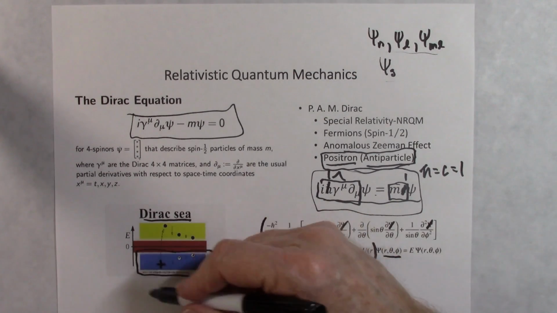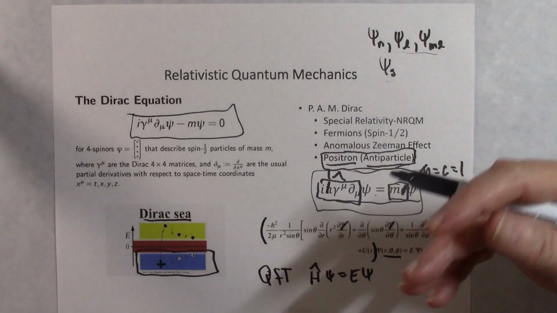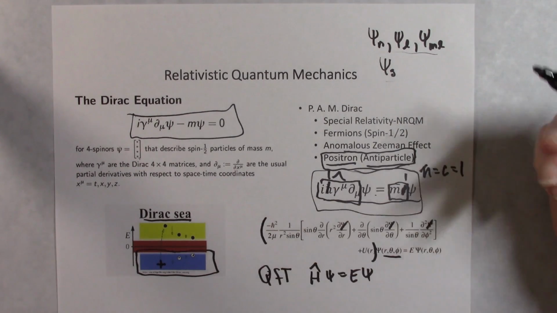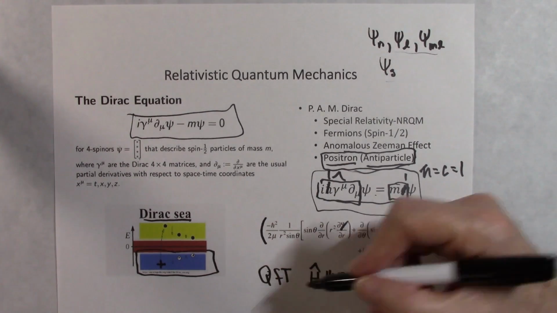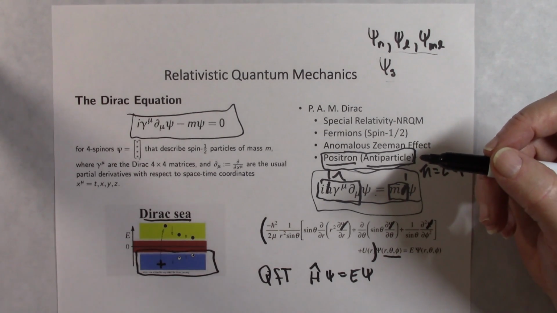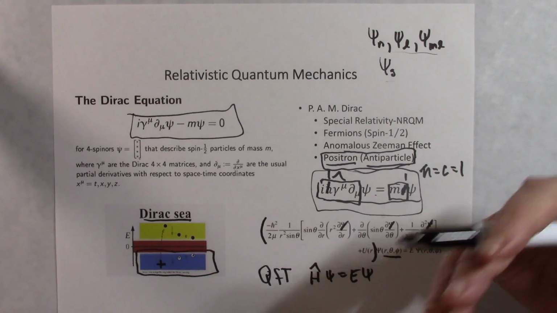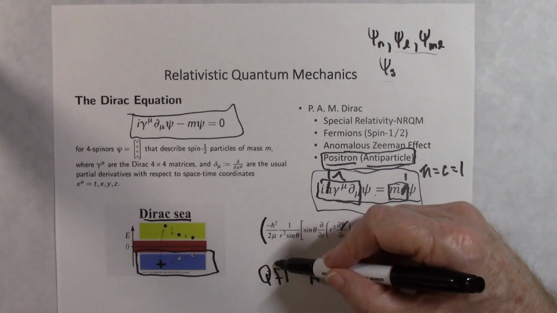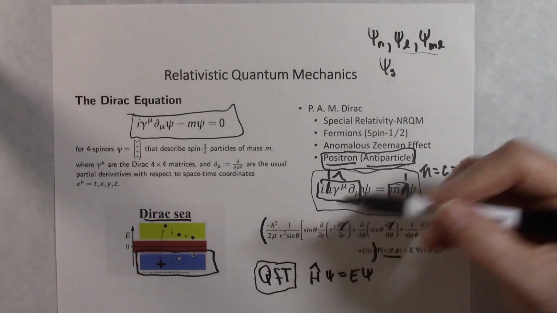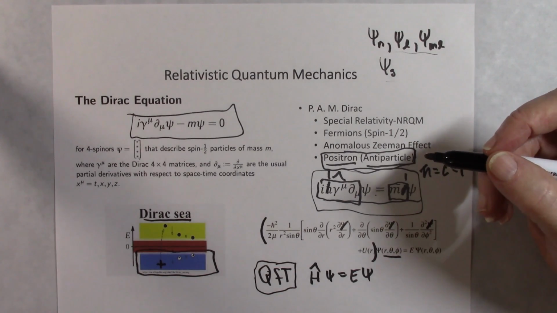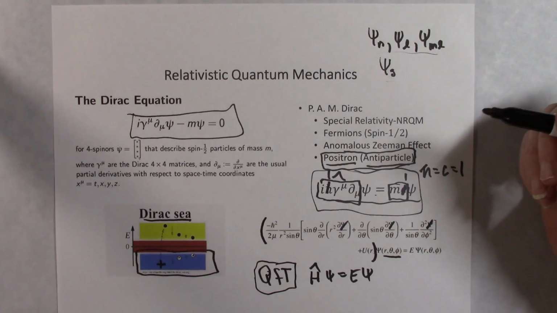That didn't really remove all the problems of this vacuum energy. In quantum field theory, the vacuum state has an infinite amount of energy, and it requires renormalization to get rid of it. So there are still problems with it, even though quantum field theory's treatment of the positron is a little bit more acceptable than what Dirac proposed.